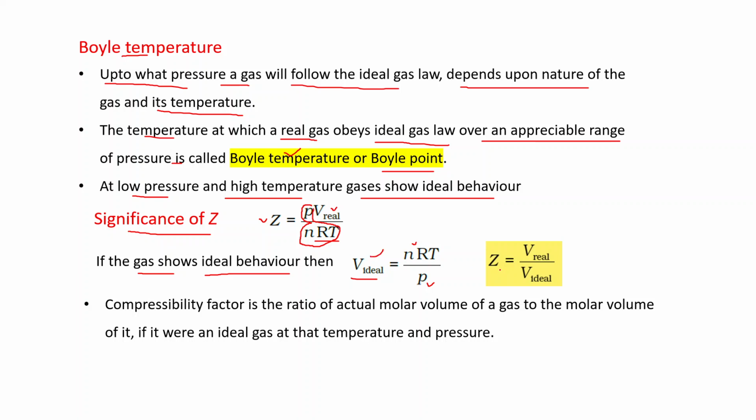That's why we have Z = V_real/V_ideal. That's why we can say the compressibility factor is the ratio of the actual molar volume of a gas, that is V_real, to the molar volume of it if it were an ideal gas at that temperature and pressure.